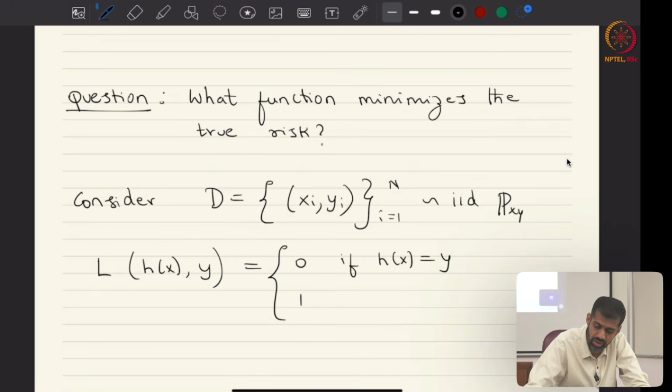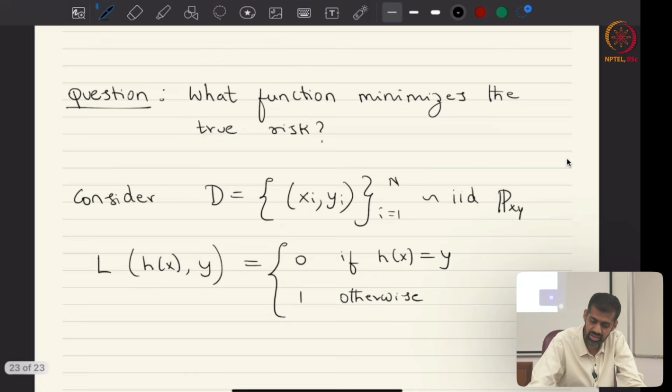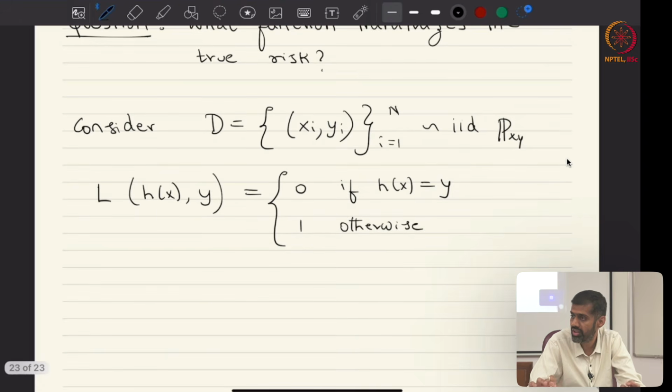So I will do it for this particular case, and equivalent results exist for other choices of loss function and other choices of models as well. You can take that as homework. So the loss function that we are looking at is the 0, 1 loss function, which is that if the hypothesis matches the actual label, then I assign 0 loss. If it does not match, I assign 1 loss.